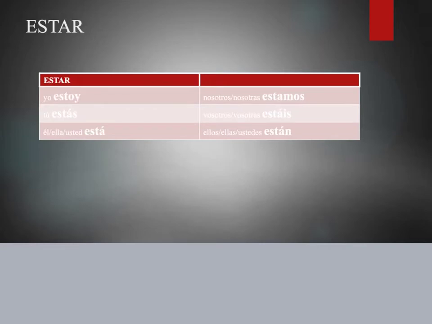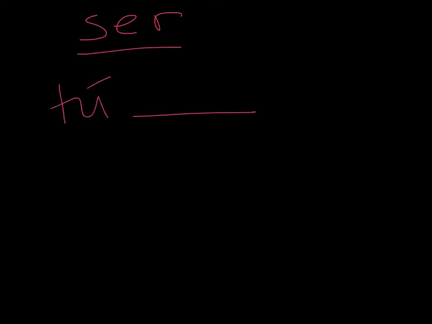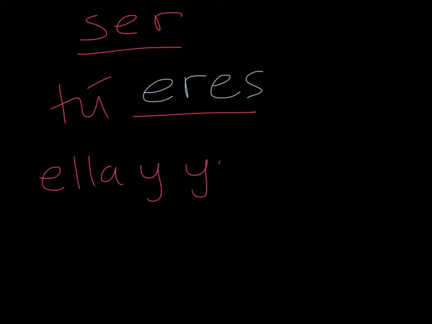Muy bien, vamos a practicar un poquito más con estos verbos. Okay, so si para ser, if I want to figure out what is tú, what would ser be for tú? Pause the video here to think about it if you need to as well. Muy bien. Es tú, eres. Okay, if I have a subject like ella y yo for ser, what would my verb be?